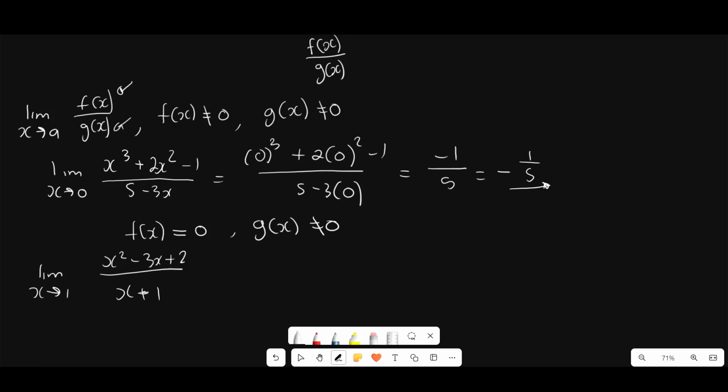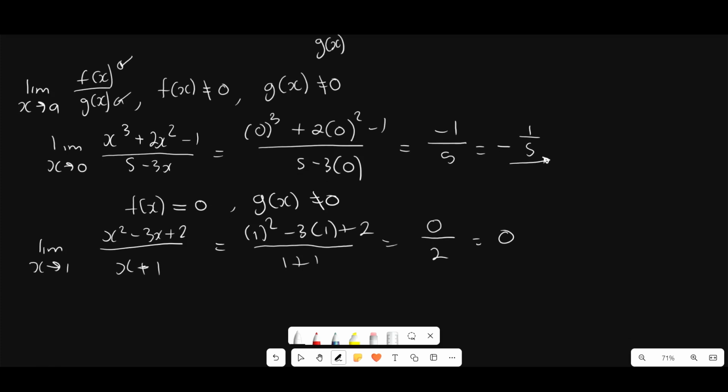Try this on your own and see whether you get the same answer. By direct substitution, this is 1 squared minus 3 times 1, plus 2, all divided by 1 plus 1. So 1 minus 3 is negative 2, plus 2 is 0, then 0 divided by 2 is 0.